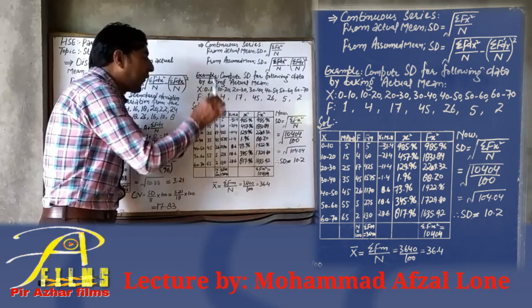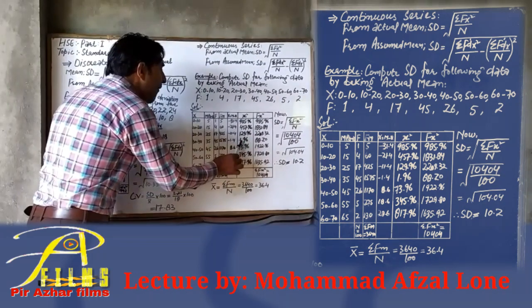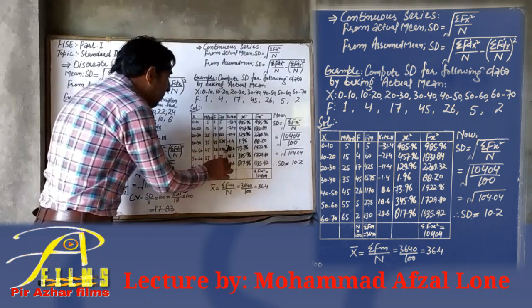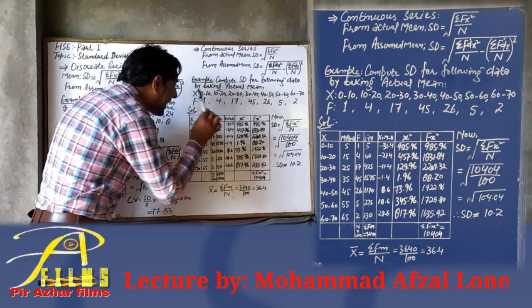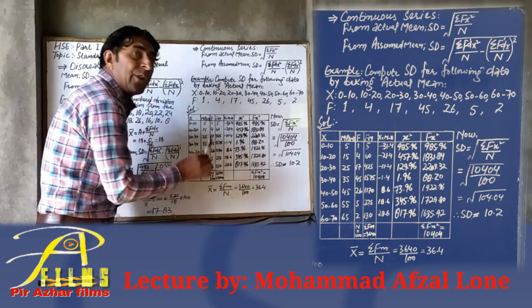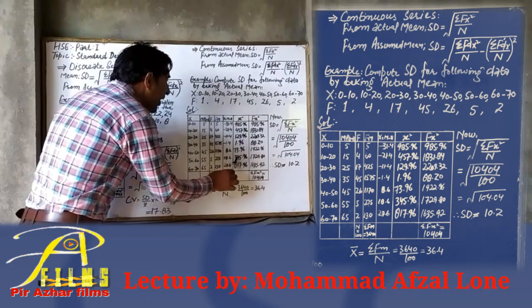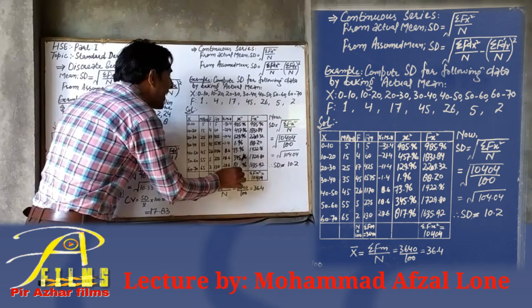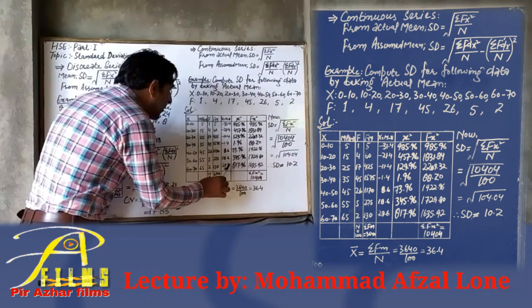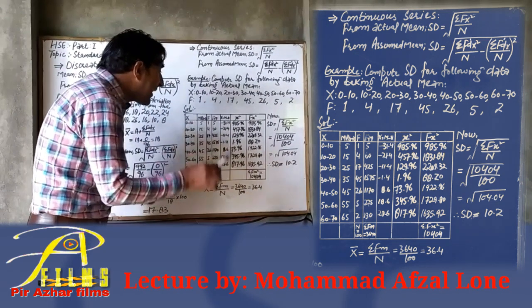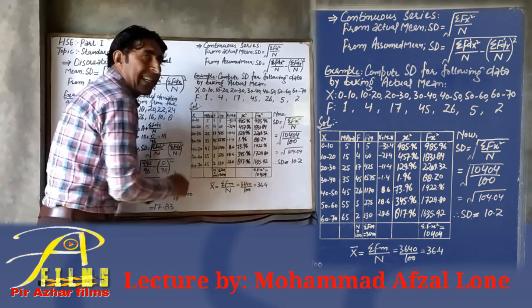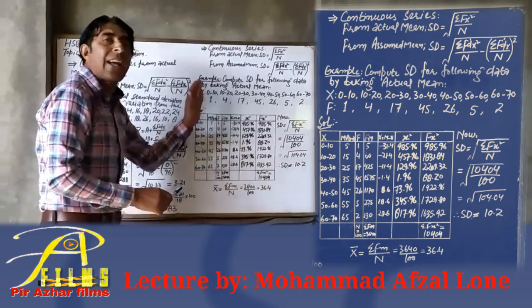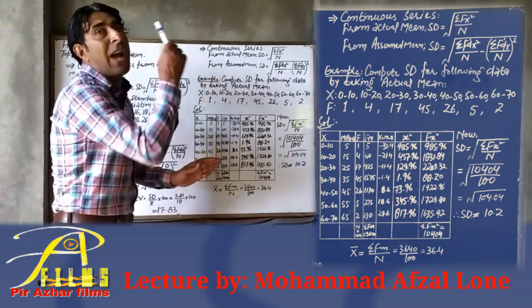Minus 1.4 into minus 1.4 is 1.96. 8.6 into 8.6 is 73.96. 18.6 into 18.6 is 345.96. 28.6 into 28.6 is 817.96. This is how we get x square, by multiplying x into x.